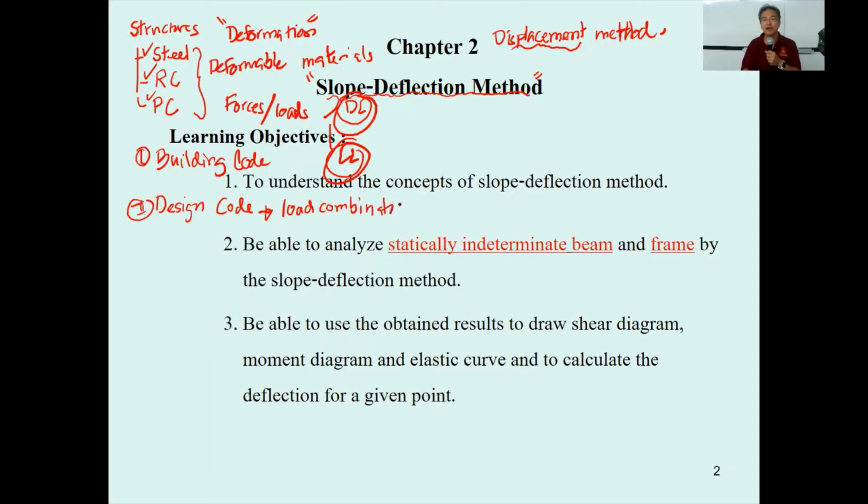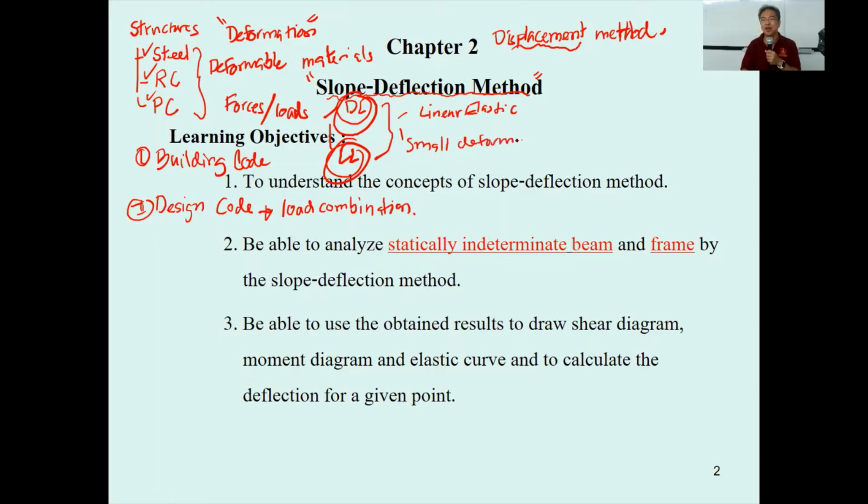And also, based upon this, under the application of the load, we have the assumption. The assumption is the material will behave in a linear elastic manner, and also with small deformation.